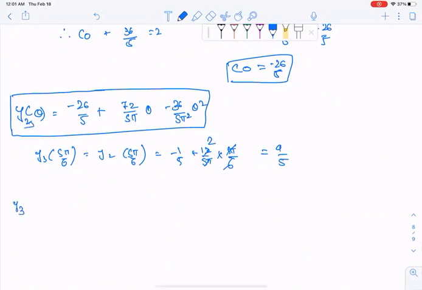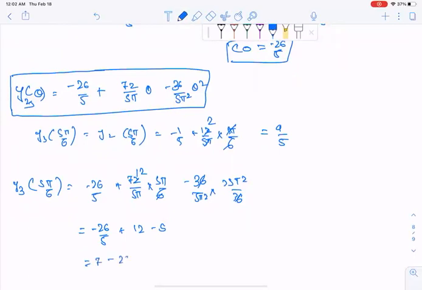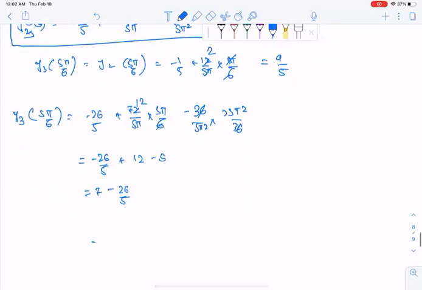So let's calculate the value of y3 of 5 pi by 6. Minus 26 by 5 plus 72 by 5 pi into 5 pi by 6 minus 36 upon 5 pi square and 25 pi square by 36. Minus 26 plus 12 minus 5, so that is 7 minus 26 upon 5, and this is 35 minus 26 by 5.